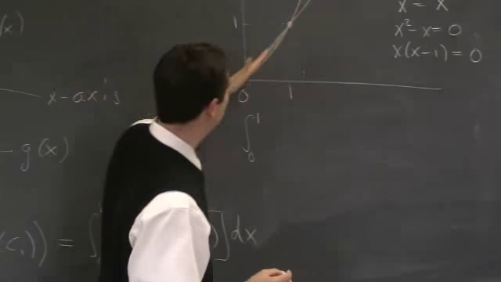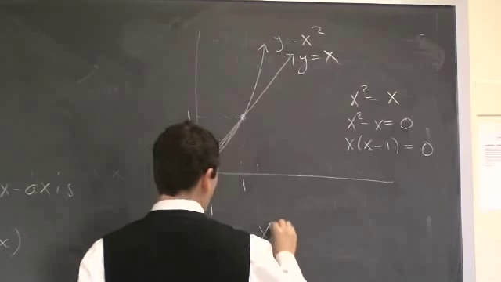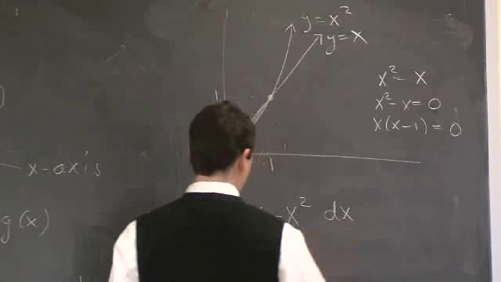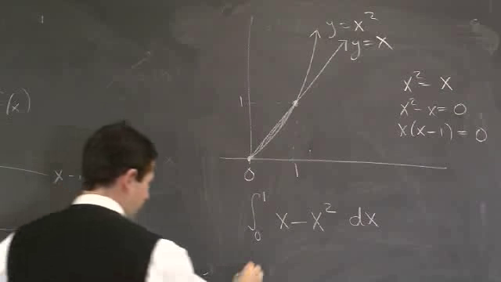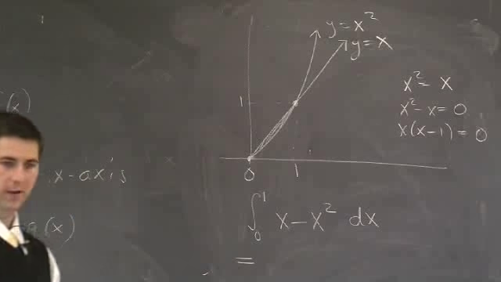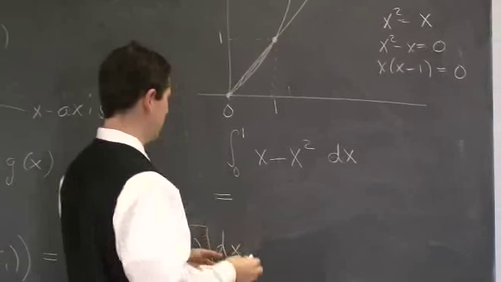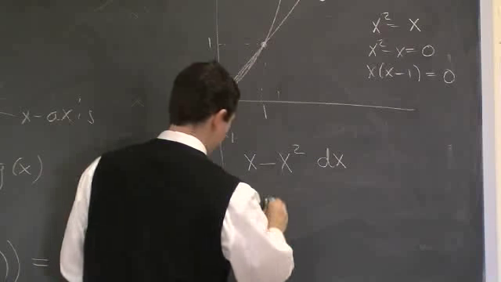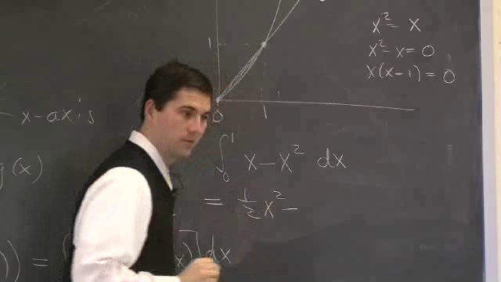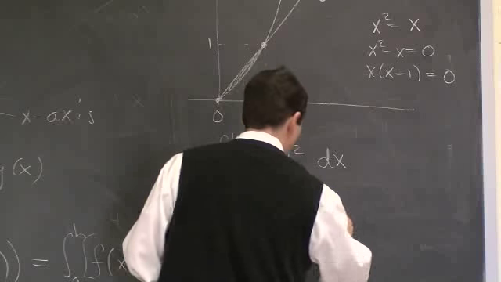For x between 0 and 1, x is bigger than x squared, so we just need to integrate x minus x squared dx. And this is very easy. What's the antiderivative? 1/2 x squared minus 1/3 x cubed.